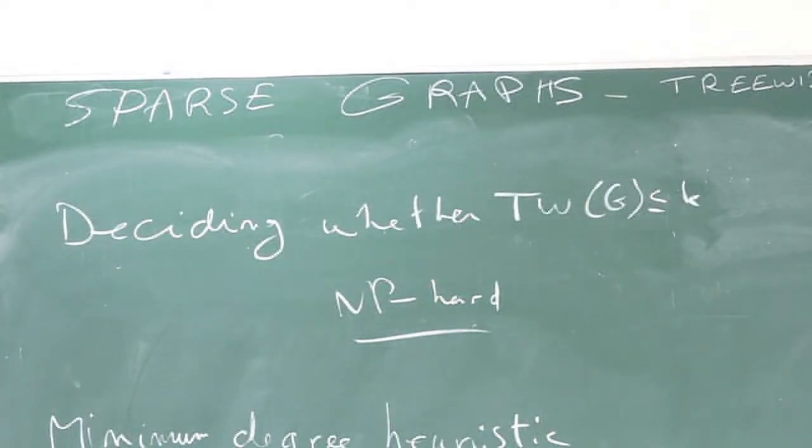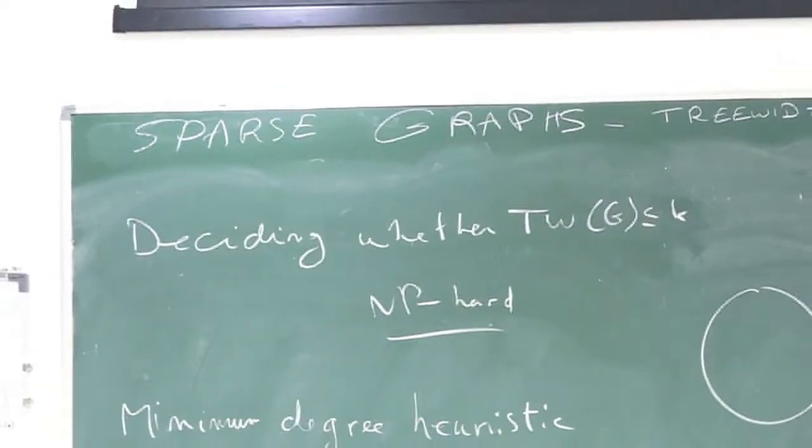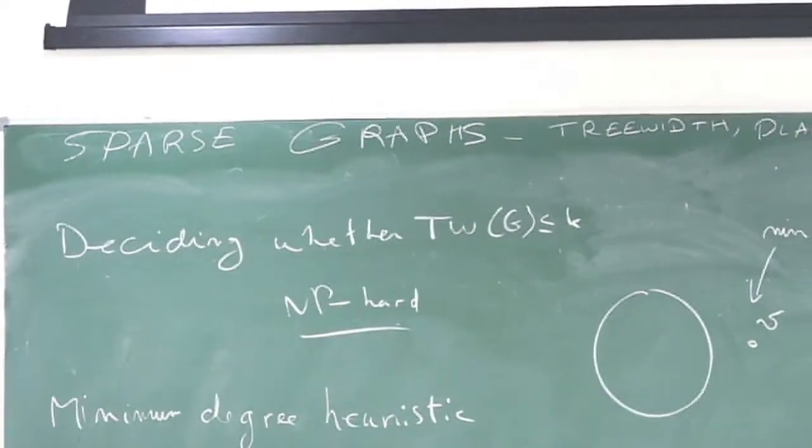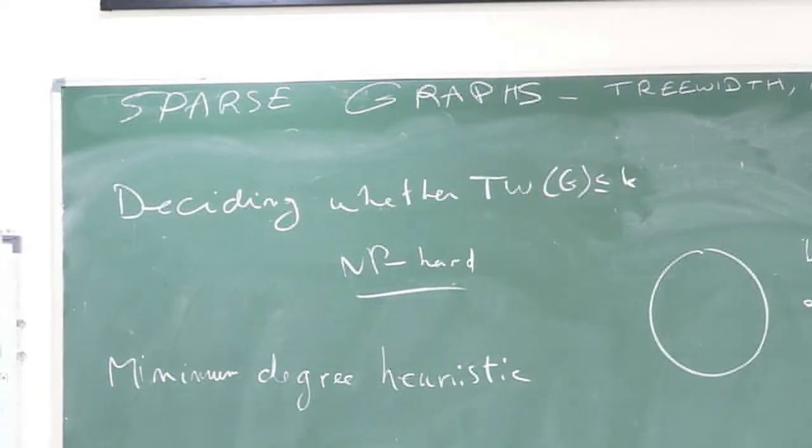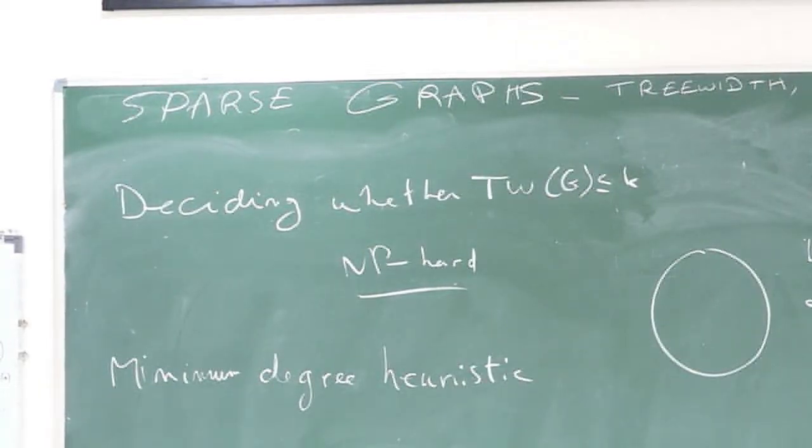So what do we do? You choose the vertex of minimum degree in G. Let's say B has min degree. We will try to see it as the last vertex that we have inserted in our k-tree. K is not given, but for some k.